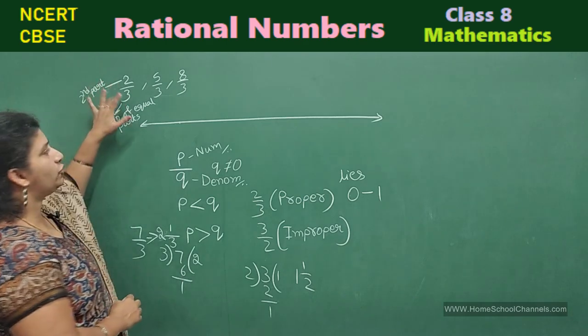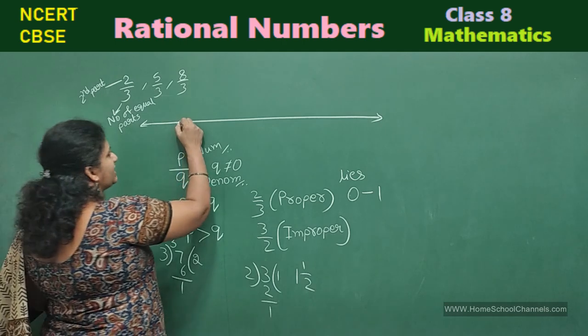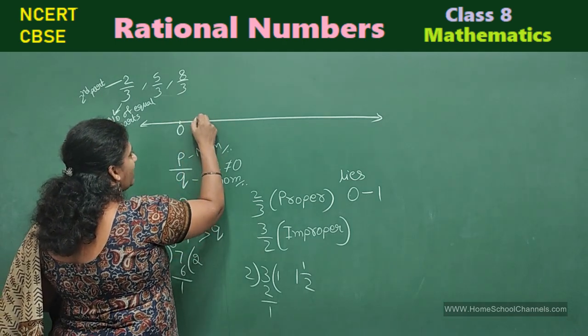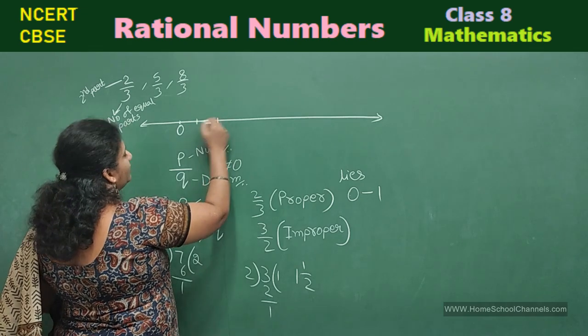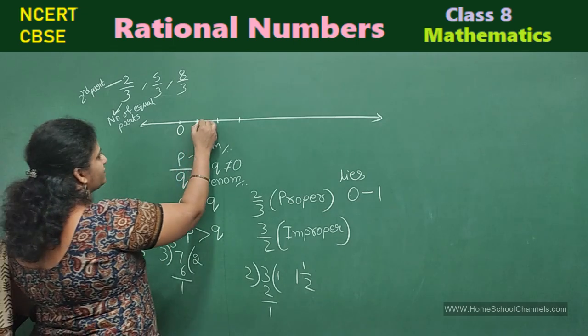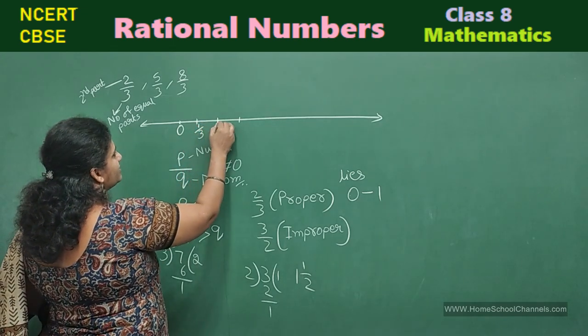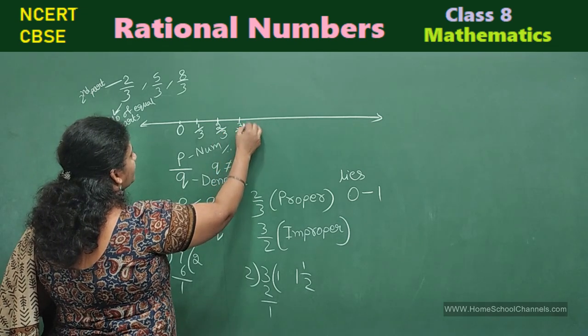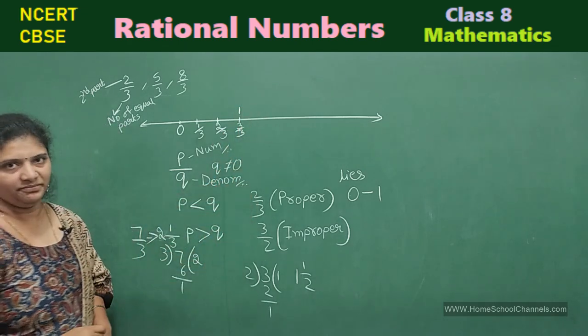Have to represent 2 by 3. Suppose if it is started from 0, each 1 by 3rd part you need to take and you need to mark here. Look here carefully. First one will be 1 by 3. Second one will be 2 by 3. And third one will be 3 by 3. That is nothing but 1.